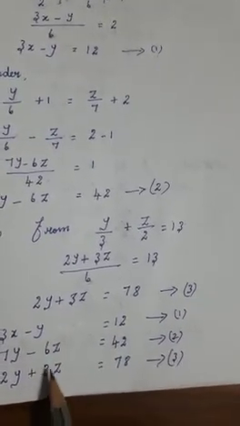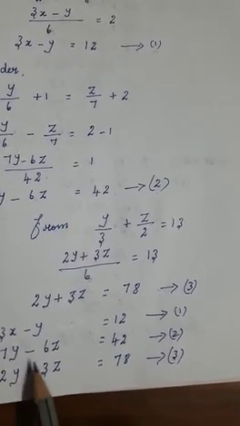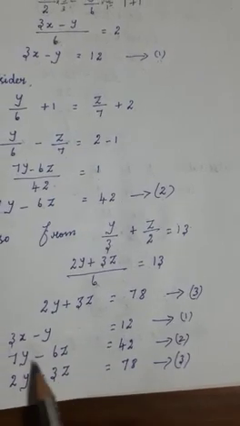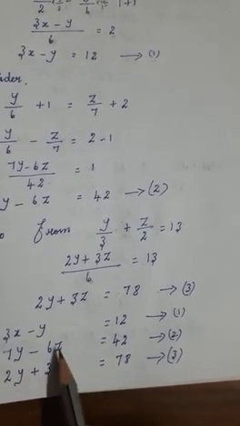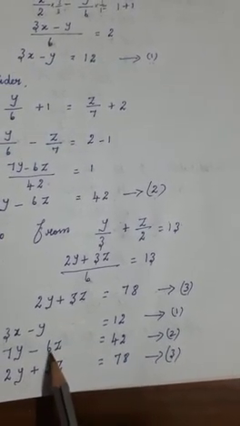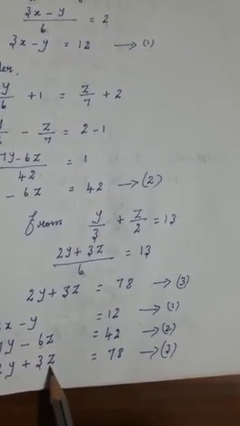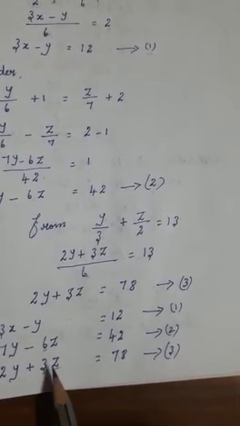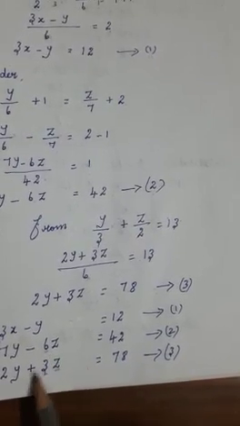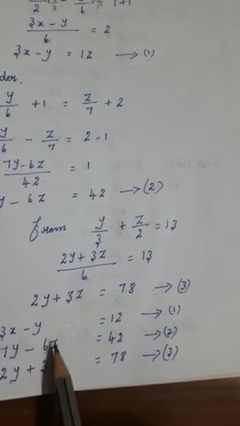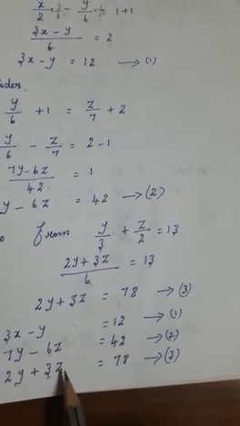Okay, so now see, here which is easy to make the coefficient the same. The z variable is easy to make the same. So here see the coefficient of z, the variable is z, that is 6. Okay, so in the second equation, the coefficient of the z variable is 3. So which number, if you multiply with this equation, can make the z coefficient the same?